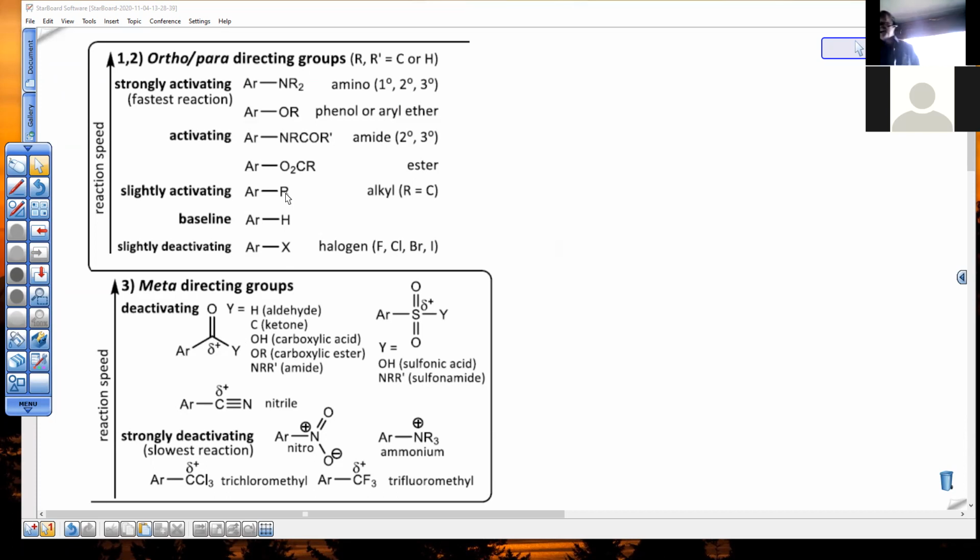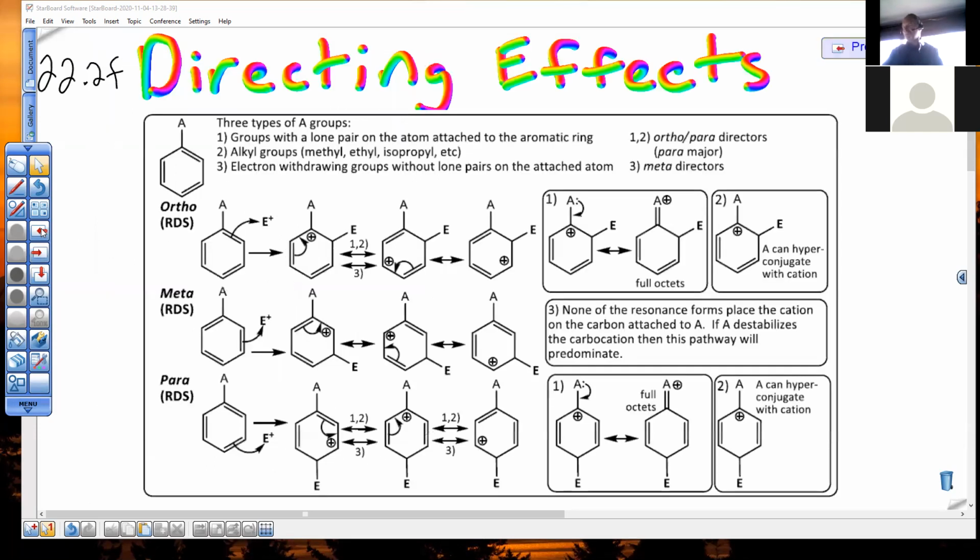And there's a reason why para is usually major of those two. The simple reason for that has nothing to do with this lovely page here. It has to do with the fact that if you put a group ortho, as it's coming in, if it comes in a little too close to the A, it bounces off and it doesn't make it. So it's got restricted access to this position. Can't come in hot from here. It'll bounce off the A. So if you go para, the A group is never in the way.